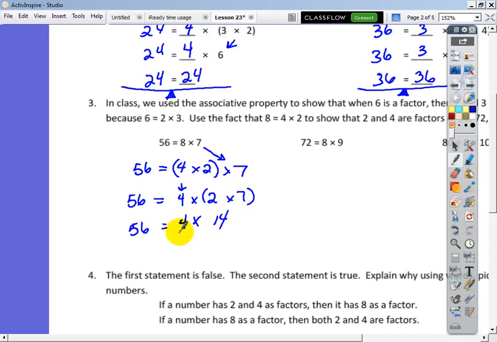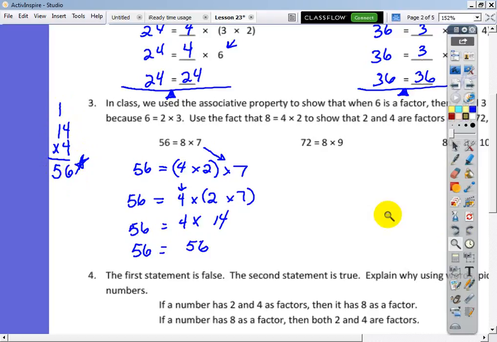So 56 is 4 times 14, which is 56, equals 56. Now, you might check and see if 4 times 14 really works. You could do it over here on the side. 14 times 4, wait a minute, 4 times 4 is 16, carry the 1. 1 times 4 is 4, plus 1 is 5, it's 56. Yeah, it checks out. Just to make sure we're not doing something weird.